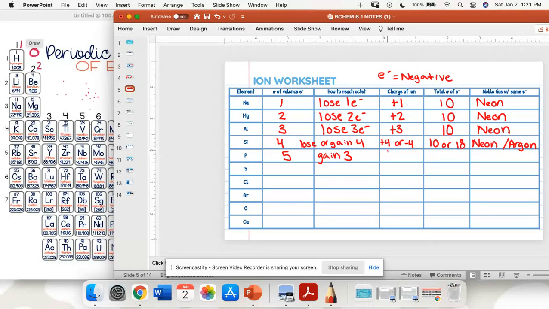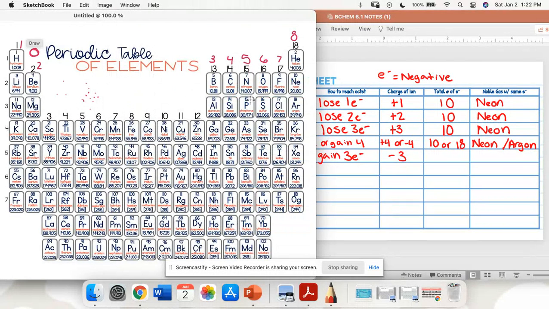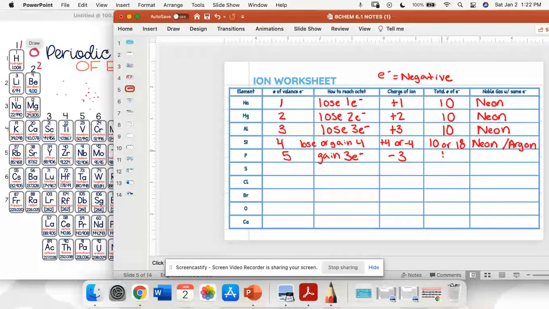So if an atom is gaining 3 negatively charged electrons, it's going to have a negative charge. So this is going to have a -3 charge. Then if phosphorus has 15 total electrons and it gains 3, it now has 18. And the element that has 18 electrons is argon.